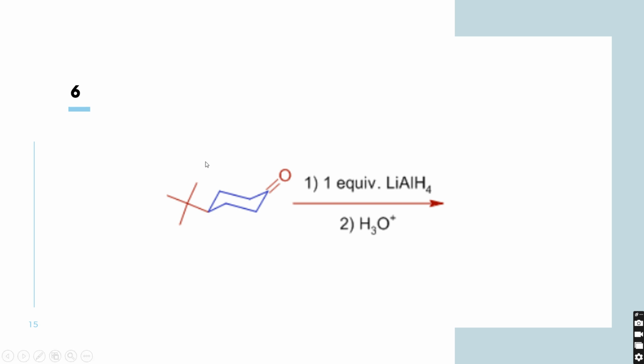You are given this cyclohexanone having a tertiary butyl substituent, and you are treating it with one equivalent of lithium aluminum hydride and of course the workup. If you reduce this substrate, definitely the reduction is going to take place on this ketone, and as a result of the reduction you are going to get alcohol. Hydroxy functionality is going to form as your product.